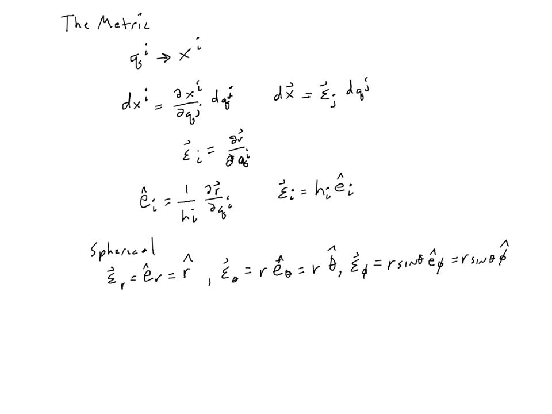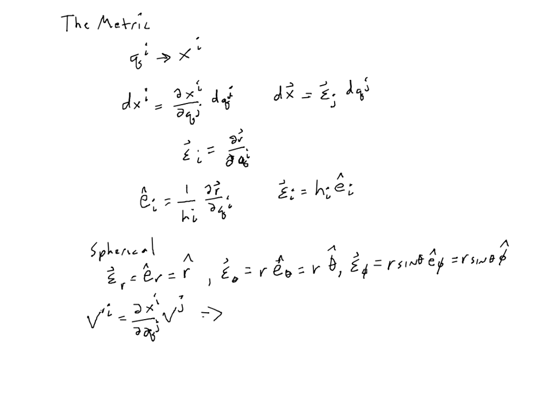And so our transformations are such that if you have a contravariant vector, then that's the transformation matrix multiplied by your vector.